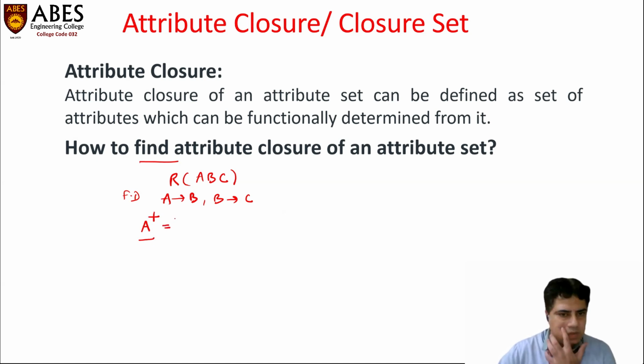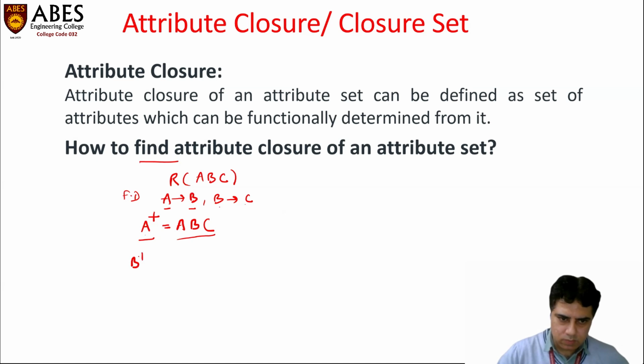Then we will calculate. From A we can determine A, then from A we can determine B. From B we can determine C. So the closure set of A is A, B, C.